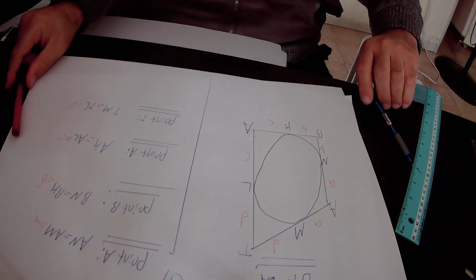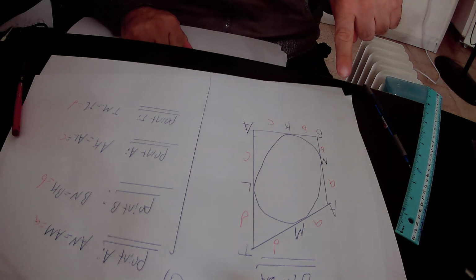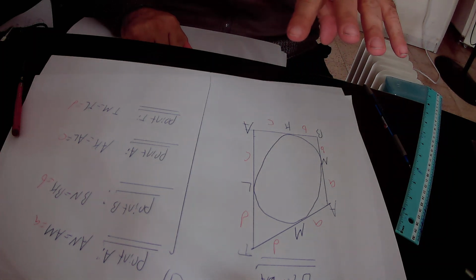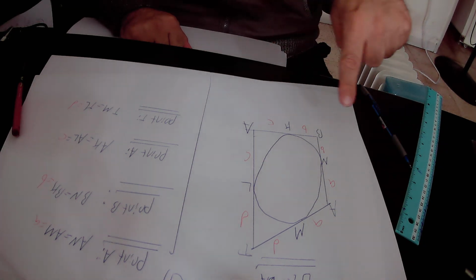Okay. So in the next step, we will add side AT to side BA in this quadrilateral. So what is the value of AT plus BA?